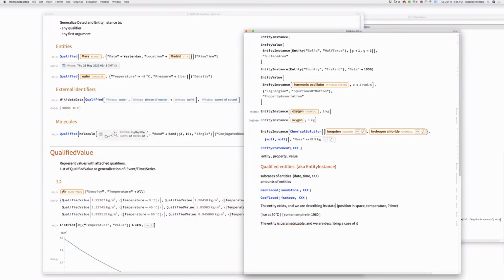Yeah, fair enough. Okay, we are describing a case of it, e.g., gold in a sphere of radius 5 centimeters. Right. So, one interesting question for any of these entities is, does it exist in the world?